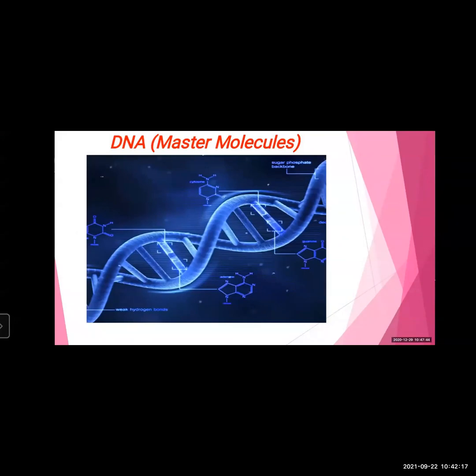In each and every cell of our body, this DNA is present. It is not only present in human beings, it is present in all living organisms. If we say that the organism is living, that means the DNA is present in that organism, right? So it is present in bacteria, viruses, plants, animals, human beings, in all the living organisms.